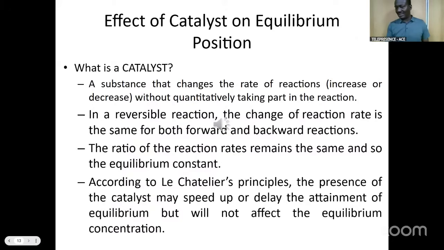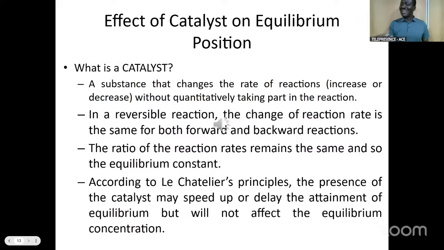That is Q. Q will be equal to K when the system is at equilibrium.